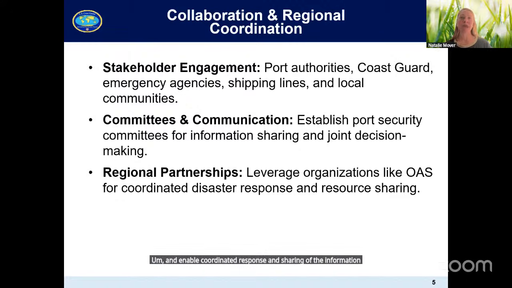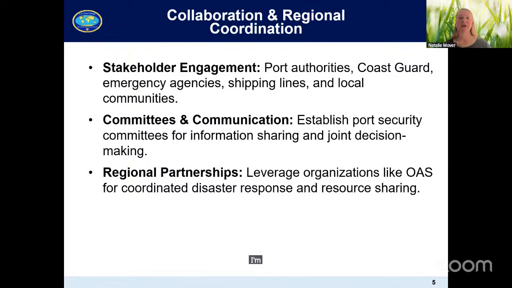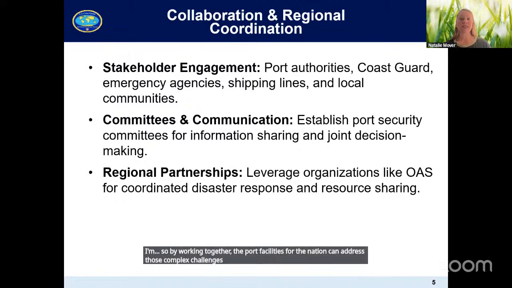And that goes back to that mindset of we're all in this together, the one team, one fight mindset. So by working together, the port facilities of the nation can address those complex challenges, resolve conflicting interests, and build a stronger, more resilient port, and therefore stronger port operations.